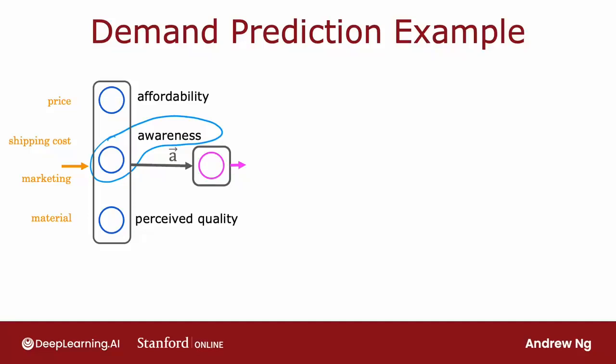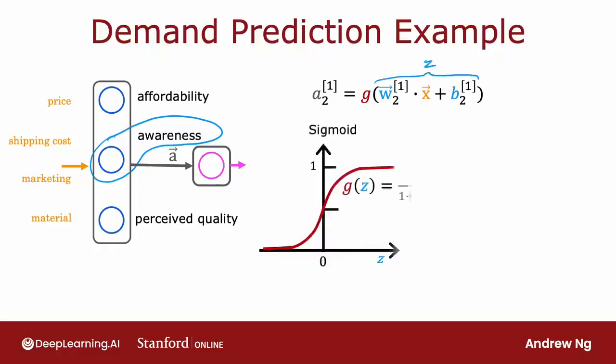Previously we had used this equation to calculate the activation of that second hidden unit, estimating awareness, where g was the sigmoid function and thus goes between 0 and 1. If you want to allow a_2^[1] to potentially take on much larger positive values, we can instead swap in a different activation function.